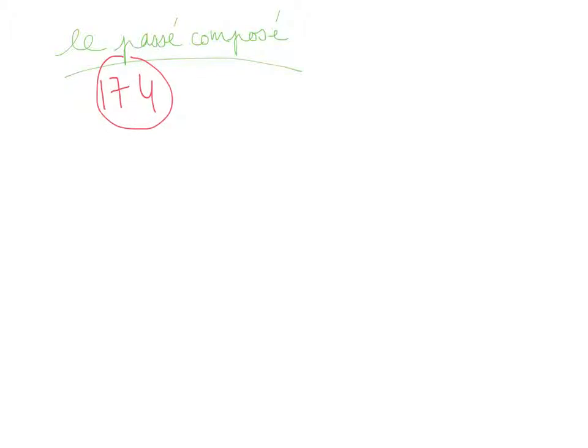Okay, so on page 174, what are we talking about? We are talking about the formation of passé composé and the basic formation of passé composé. So if you have read that page, you should keep two things in mind.